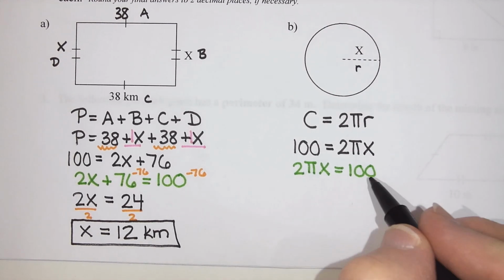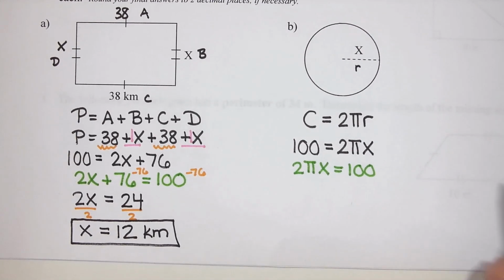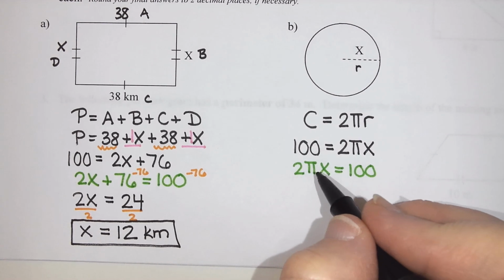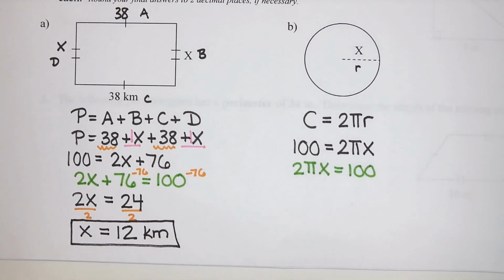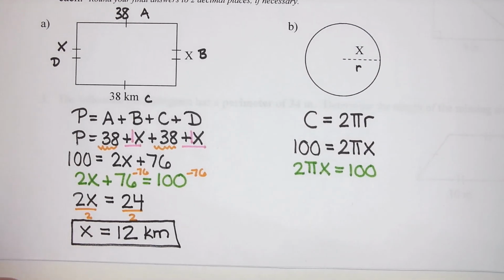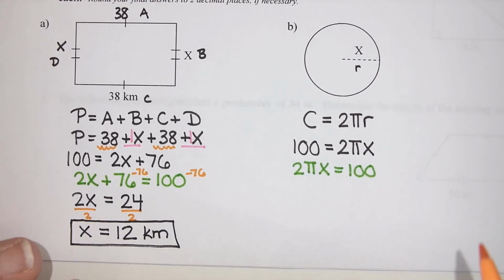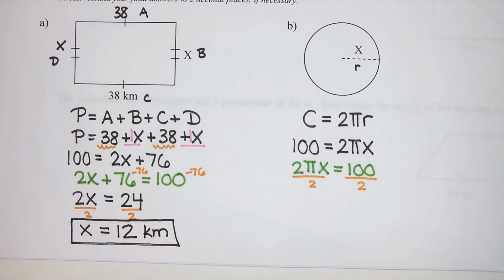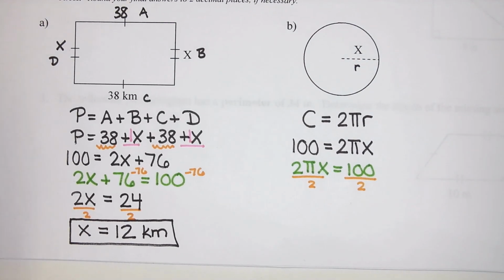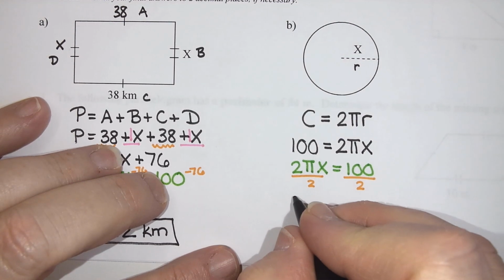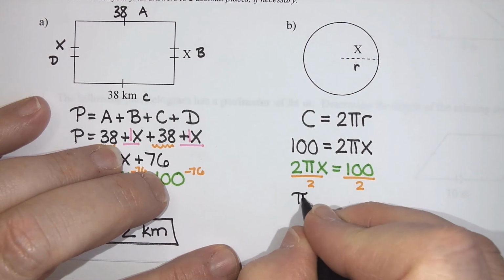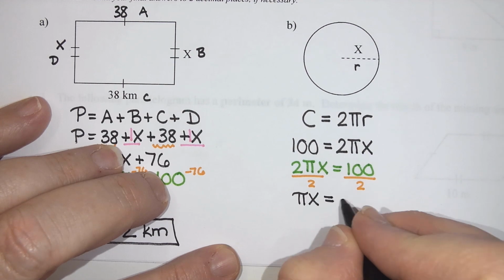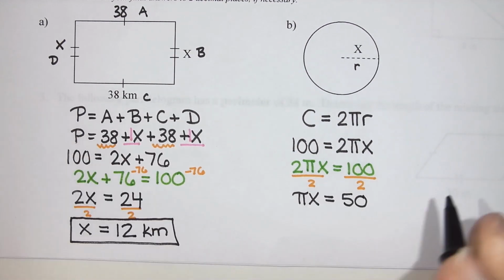Either we divide by each of these separately, or we calculate what this is and then divide both sides by that, right? Those are my choices. I think I'm going to divide by 2 and then divide by pi. So let's start with the 2, because I know 100 divides nicely by 2. 100 divided by 2 is 50. So I'm going to have pi x equals 50.